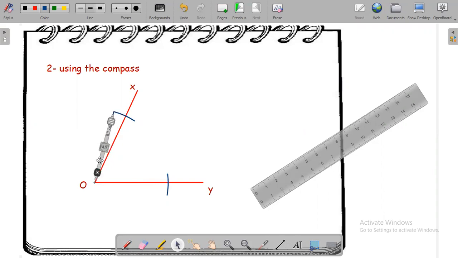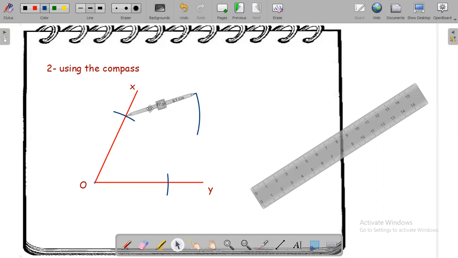Then we take the compass and we put the tip on this arc here, and we don't change the radius of the compass. Then we draw a small arc here in the middle.